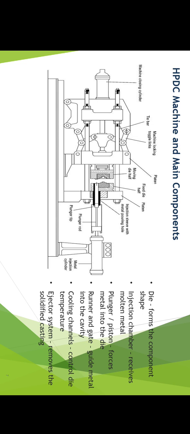Runner and gate guide the molten metal into the die cavity while maintaining the pressure. Cooling channels control the die temperature and allow the metal to solidify. Ejector system, after solidification, removes the made shape with pins.